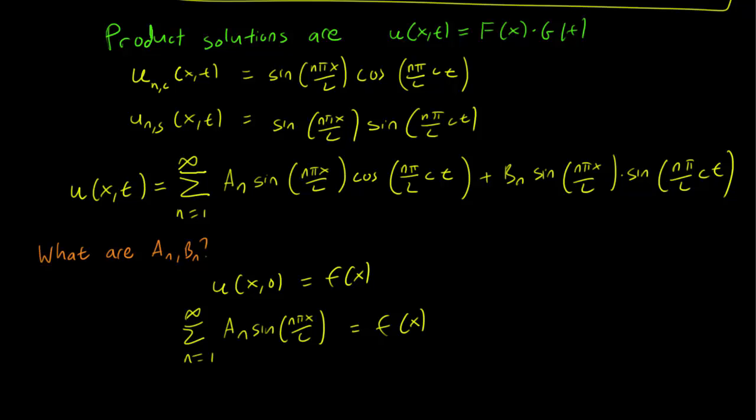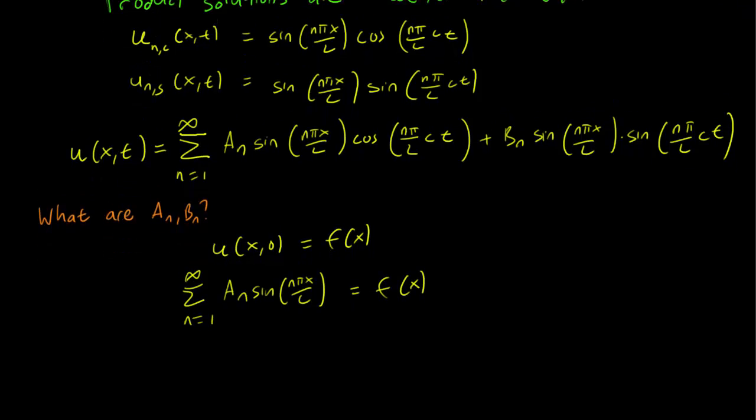And it turns out that we precisely just get the sine Fourier series of f. And as we've done before, this is just going to be a_n equals 2 over L integral from 0 to L of f(x) sine n pi x over L dx, exactly the sine Fourier series of f(x).